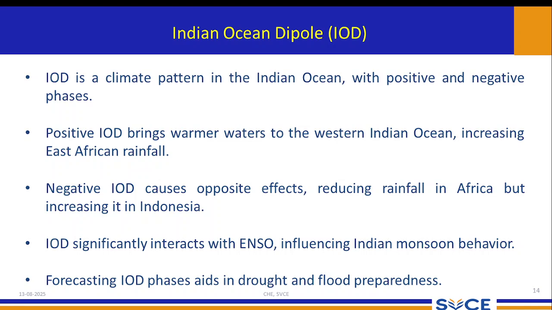Negative IOD causes opposite effects, reducing rainfall in Africa but increasing it in Indonesia. IOD significantly interacts with the ENSO events, influencing Indian monsoon behavior. So forecasting the IOD phases aids in drought and flood preparedness.